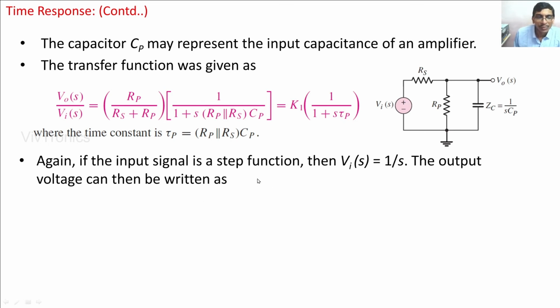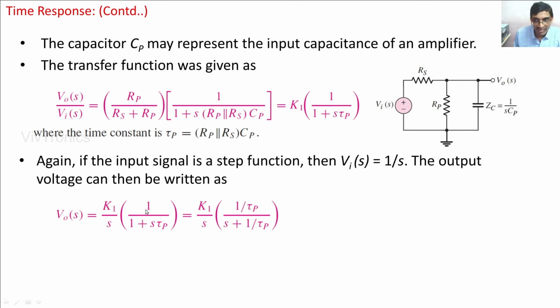Therefore the output voltage can be written as Vo(s) equal to K1 by s into 1 by 1 plus s tau p. Okay, so here I am dividing the numerator and denominator by tau p. Therefore, the equation will become K1 by s into (1 by tau p) divided by (s plus 1 by tau p), which is in the form of a by s plus a.